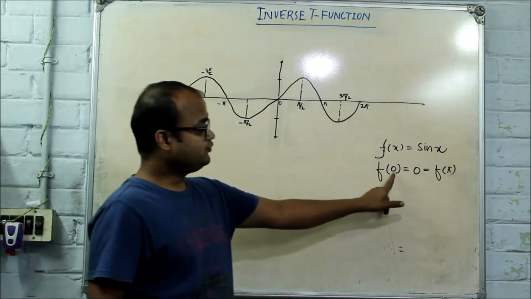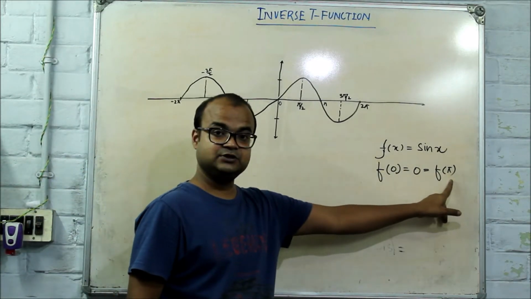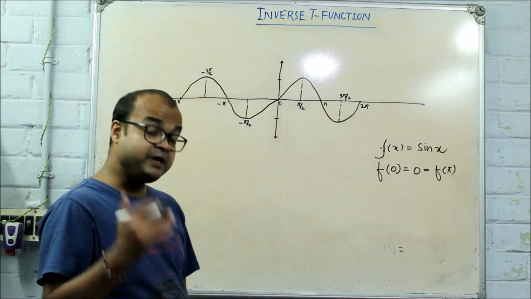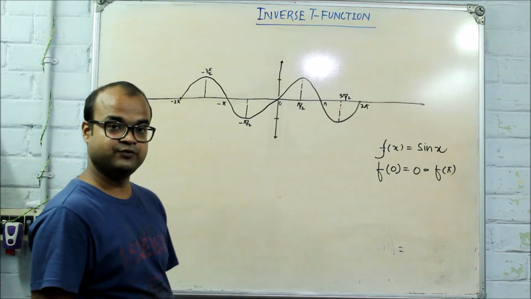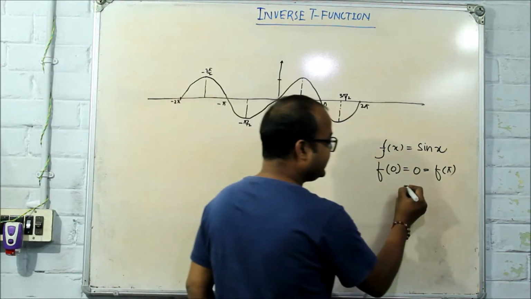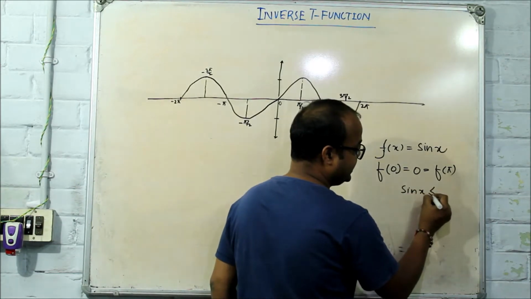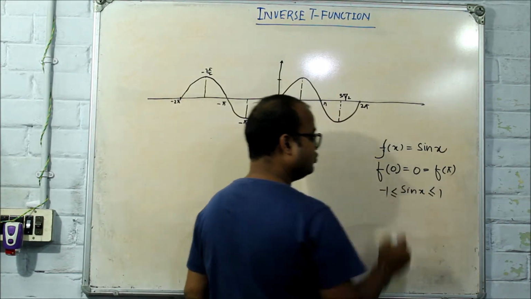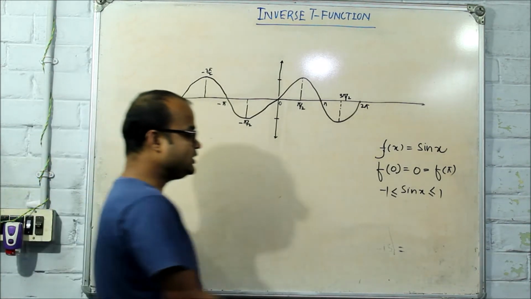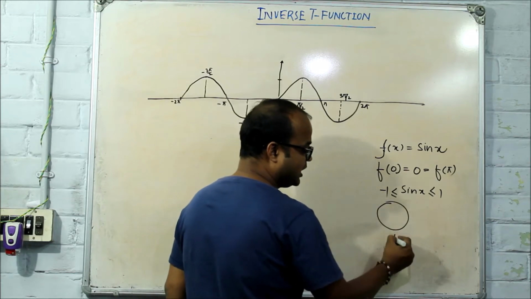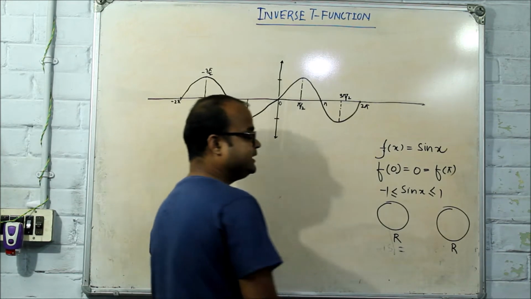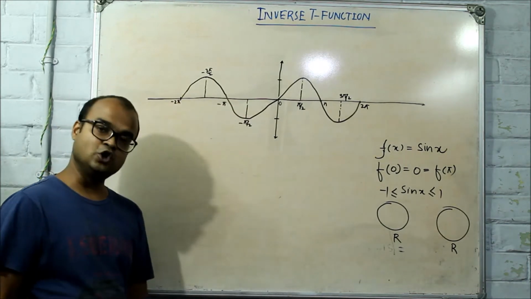So for two different values of x, we are getting the same image. This is an example of a many-one function, not a one-one function. Also, the range of sine is from -1 to 1. So if we consider the domain as R and codomain as R, it is neither one-one nor onto.